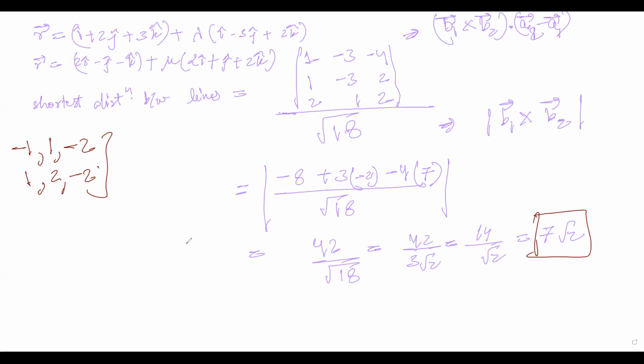Can you solve the 11th first part? Am I reading the question correctly? It's not the 11th first part. I want you to solve the 11th second part, and the angle between the pair of lines.